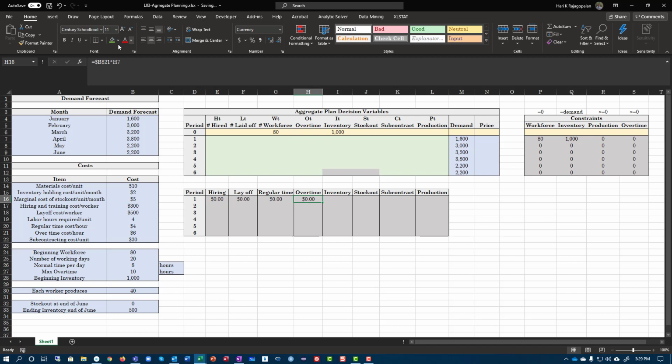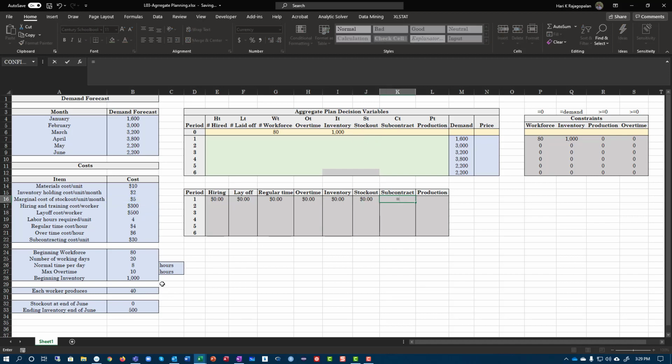Anytime you miss the dollar sign, it's going to cost you more problems. It'll make the problem wrong, and it'll give you a lot of issues. So be very careful. Inventory holding cost is $2 per unit, F4 multiplied by the number of inventory. For stock out, you're going to get the marginal cost of stock out, F4 multiplied by the stock out cost.